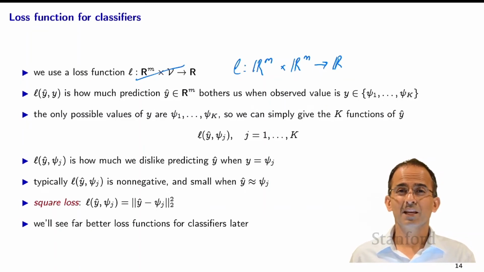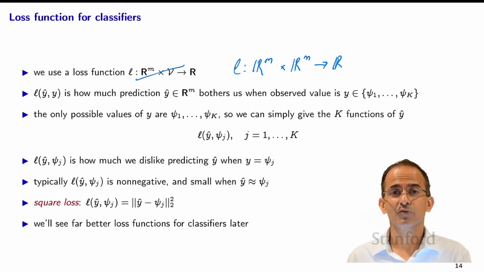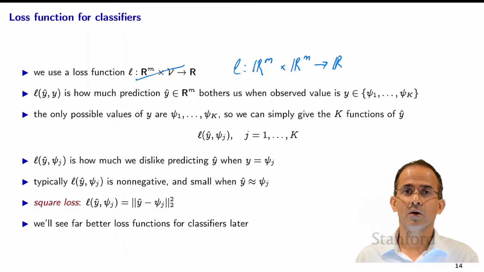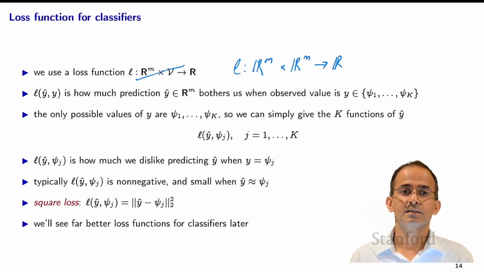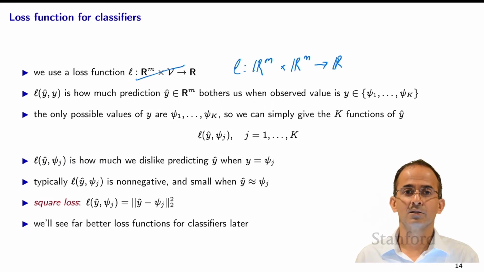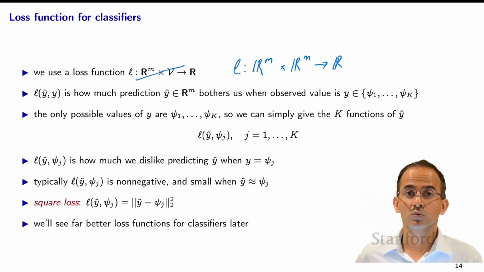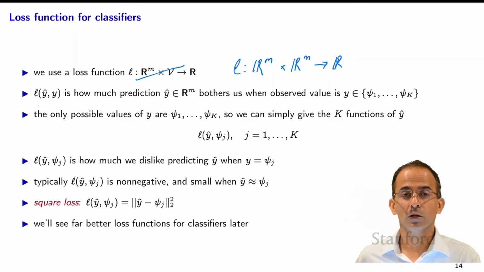As a result, we can think about loss functions slightly differently. Rather than thinking about a loss function as taking a y hat and a y, we can say that really we have k different loss functions. The first one tells us how much loss y hat causes us when the target variable is v1. That's L of y hat, psi1.